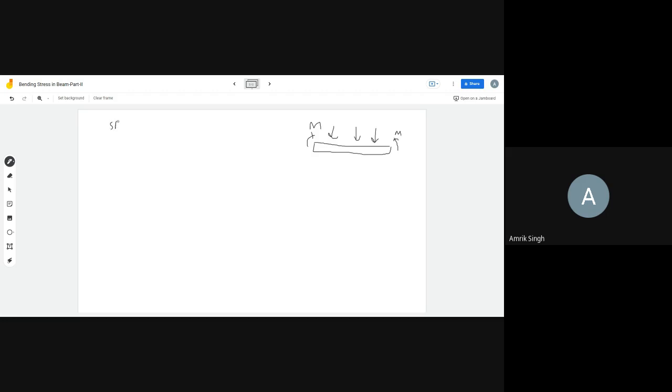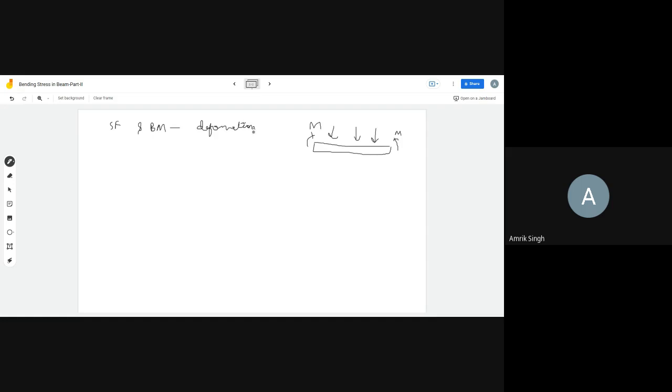So shear force SF and bending moment are set up in the beam. Because of that, the deformation takes place. So this leads to deformation.